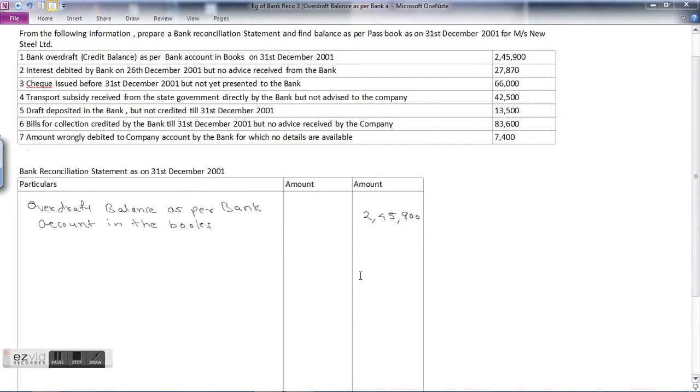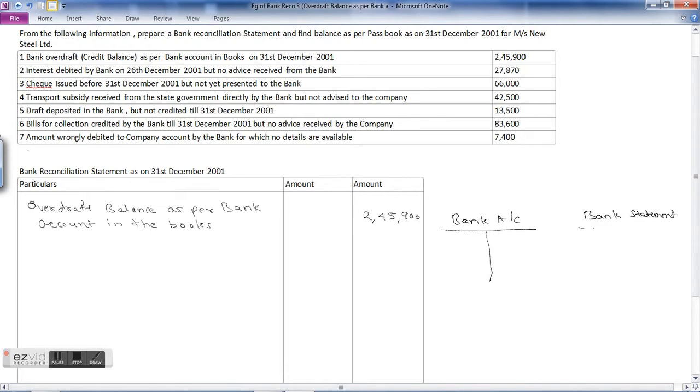So this entry is not passed in our books of accounts. Let's do a working here. Now we are going from our bank account to bank statement or passbook.